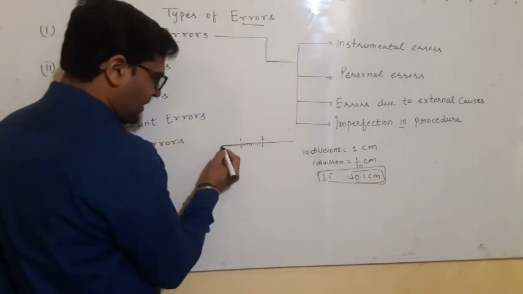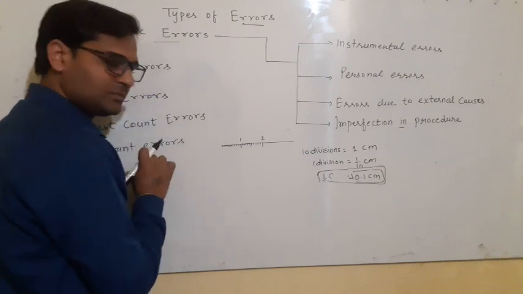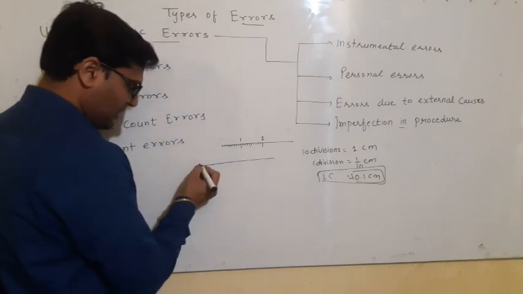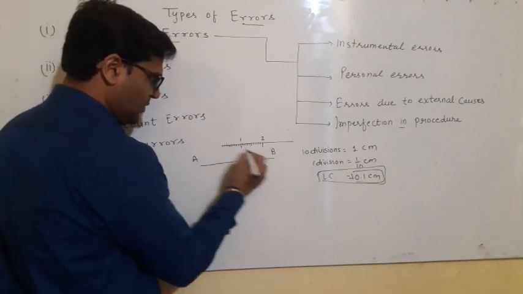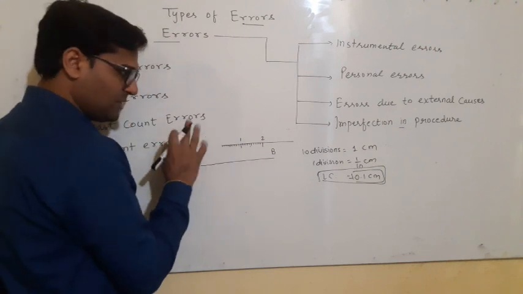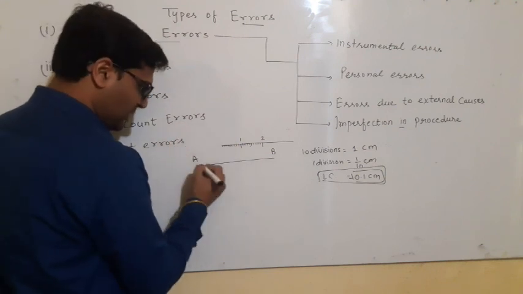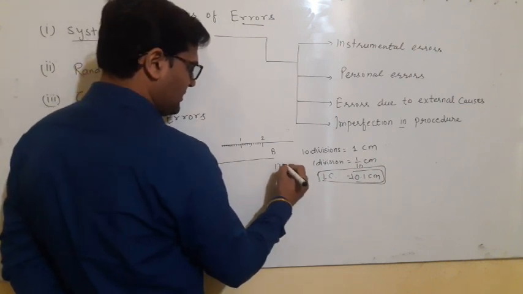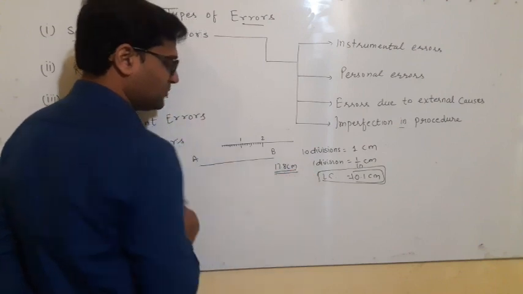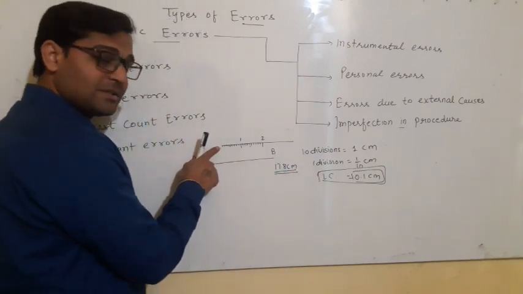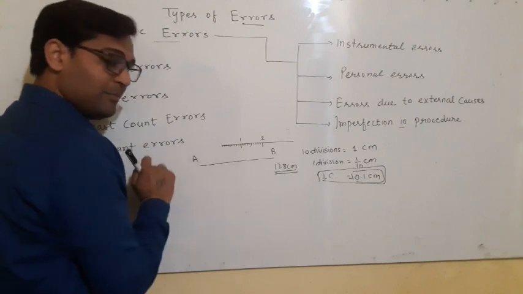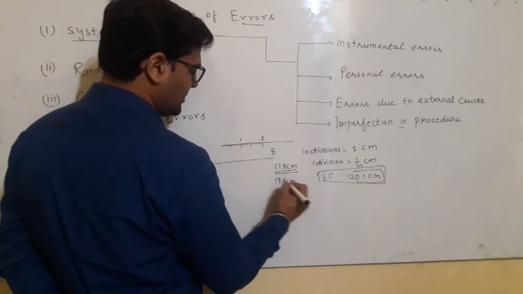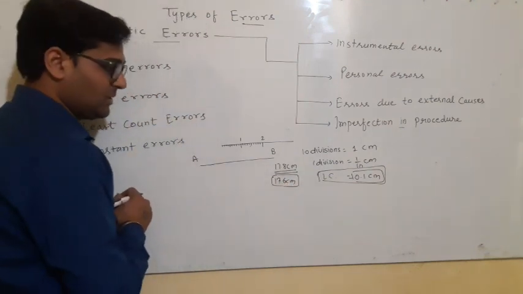But now here my 0 is not there. If I measure this length AB with the help of this broken scale, and suppose the actual length is 17.8 centimeter, with the help of this scale we are not able to measure it accurately, and we found it like 17.6 centimeter, right?